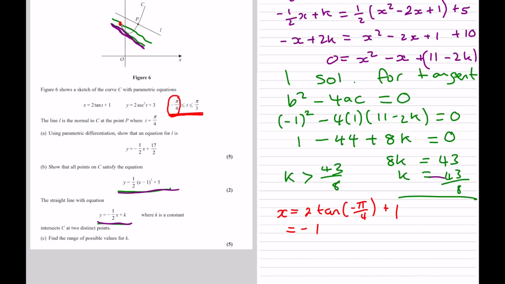That looks about right. And y is 2 sec squared, so that's 2 over cos squared of negative pi over 4, plus 3.